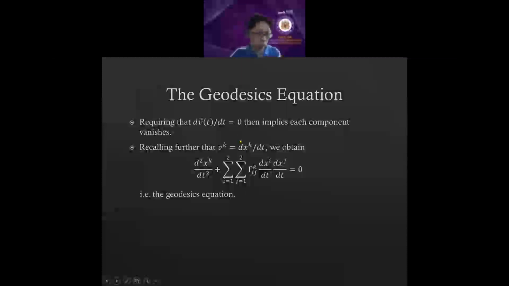Just now I said we need to talk about what we mean by parallel transport, and in order to talk about parallel transport, we need to talk about the covariant derivative. Then only once we talk about the covariant derivative, then only we can talk about geodesics. So I hope that this gives a little bit of motivation why the geodesic equation looks like it looks here.